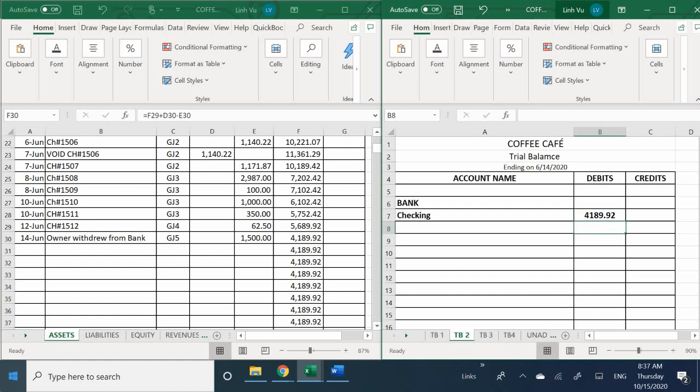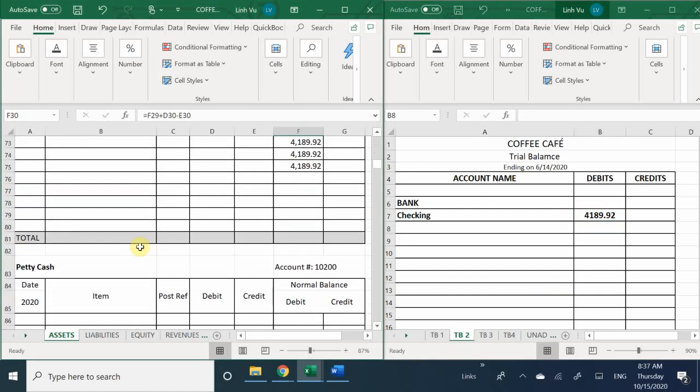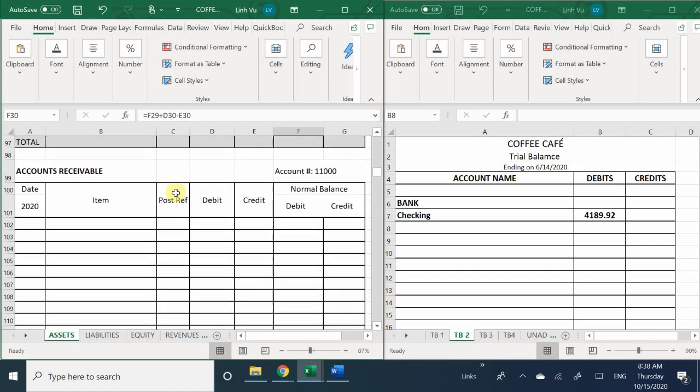There goes my first one. I haven't done a petty cash fund yet, nor have I had cash in the register yet, so we are okay. We can move on to the next one.